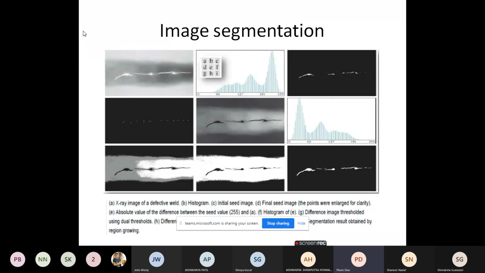But still, the general observation we can make is this: if the absolute difference between the intensity of the seed and the pixel existing at any point is less than some particular threshold value, you consider the value as true, otherwise you consider it as false. So you are implementing this analysis again with the concept of a thresholding method only.